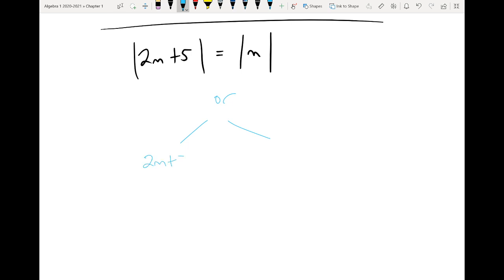2m plus 5 is equal to positive m. And I'm going to have 2m plus 5 equal to negative m. And here's how I solve. Okay, so I do my split just as I did before.